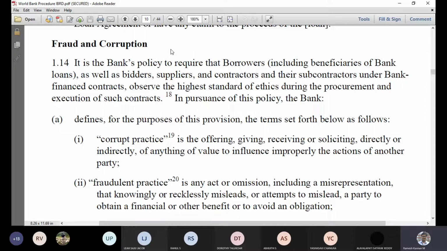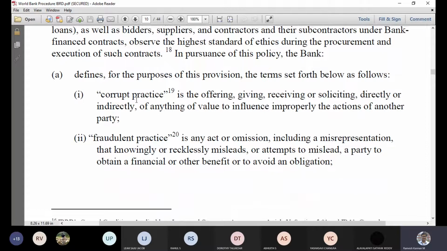There are different things that you should know. Fraud and corruption are a little different, but corruption is a type of fraud. Let's take a look at the differences. The corrupt practice is offering or giving some bribe money for bypassing or to gain some benefit, and that is called corrupt.